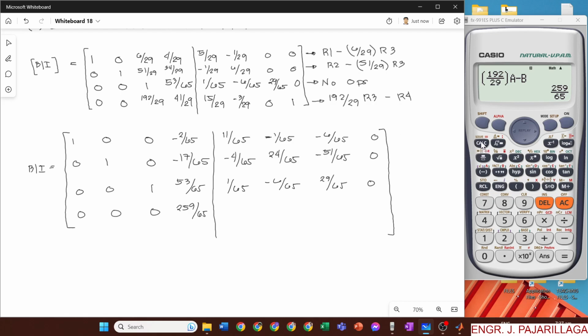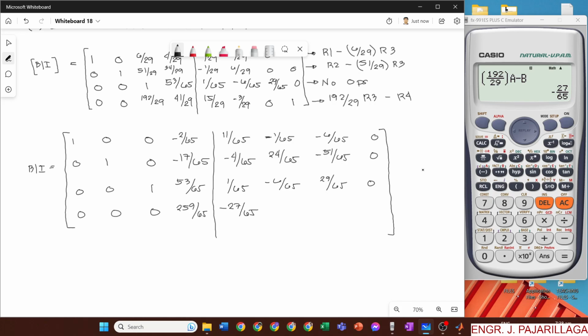And then, let's do a calc again. Row 3 na tayo. These ones. Okay? So, we have our A is 1 over 65, while our B is 15 over 29. And then we have negative 27 over 65.